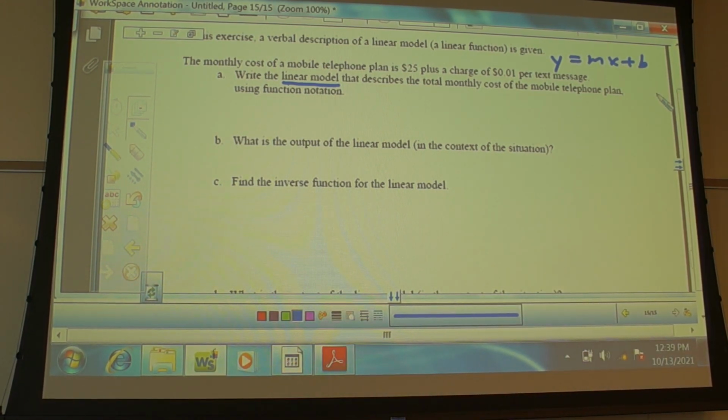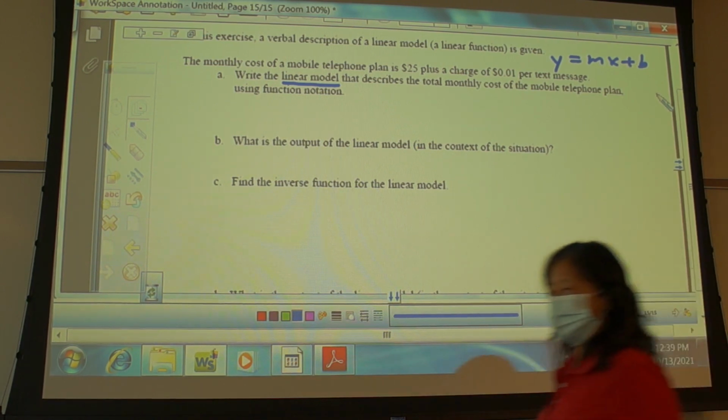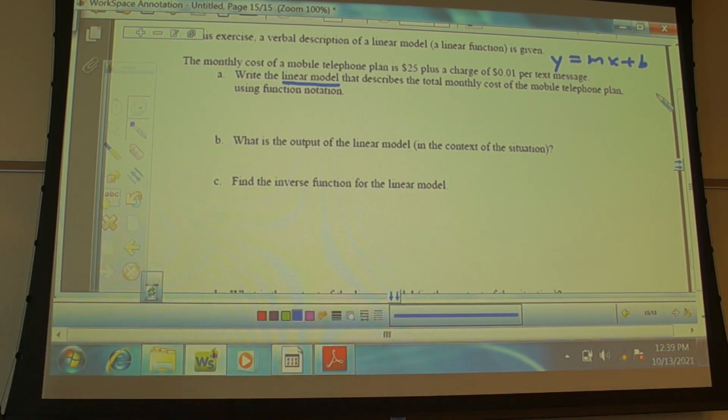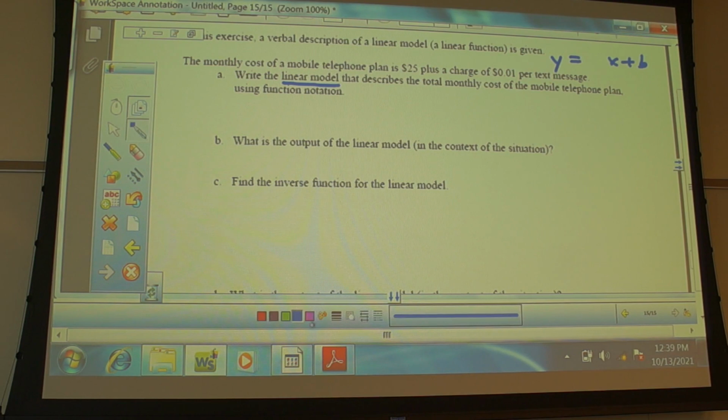So what's my m again? Okay, let's do this one. What's my y? B is my initial amount, my y-intercept.